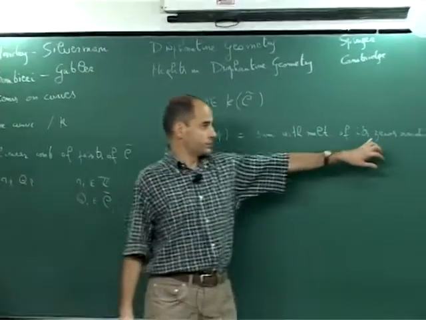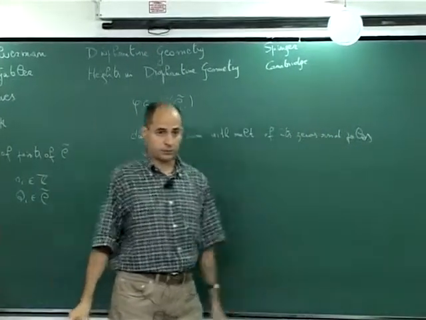So multiplicity is positive in the case of zeros and negative in the case of poles.